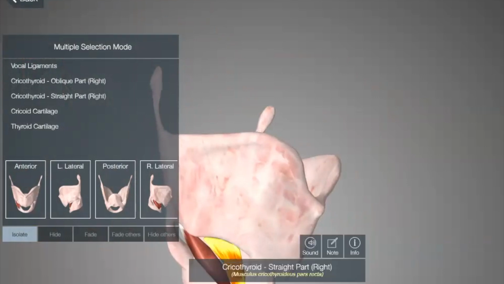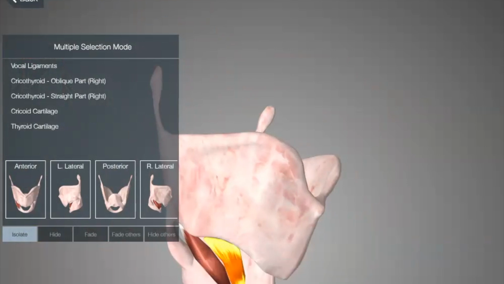It's called the singer's muscle and it affects the vocal cords directly. It originates from the anterolateral aspect of the cricoid cartilage and inserts into the inferior margin and inferior horn of the thyroid cartilage. Action: stretches and tenses the vocal ligament. What is it innervated by? The external laryngeal nerve.